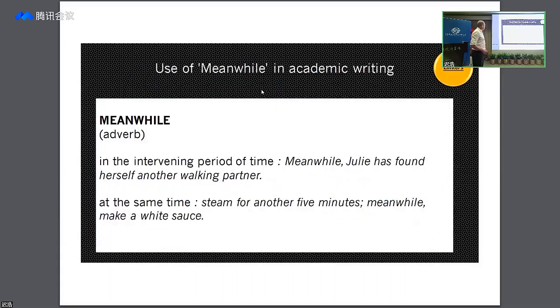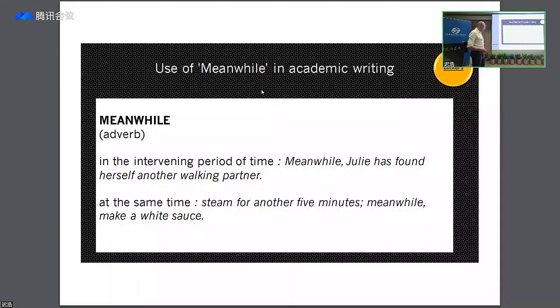Okay? So just to show you, meanwhile is really problematic, and therefore it is not used, because it is shifting its meaning. Really, it used to mean simultaneously, at the same time. I am making tea now, at the same time I'm preparing my breakfast.